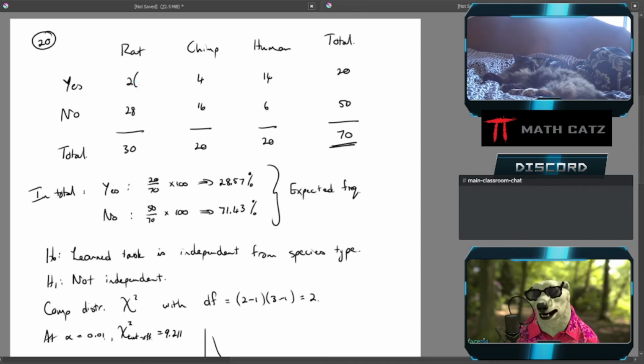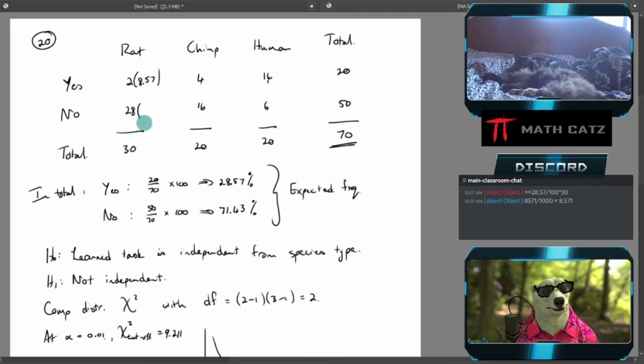So let's calculate that. 28.57%, so over 100, times 30, and I get 8.57 rounded. So I would expect roughly 8 to 9 rats to fall in the yes column if I have a sample of 30.